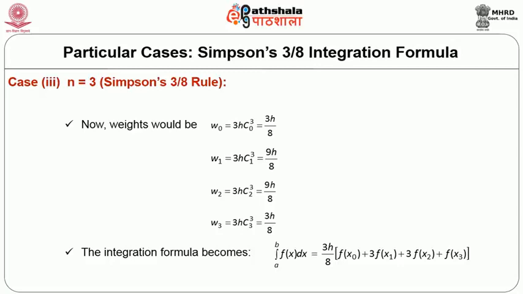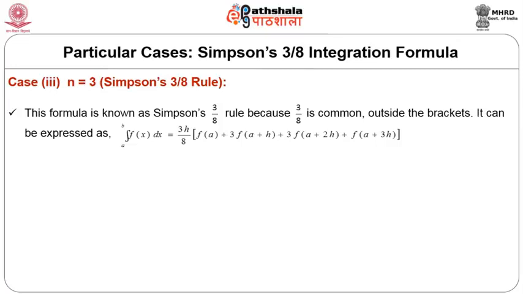And so the integration formula obtained by fitting a cubic polynomial gives us integral a to b f(x) dx is given by 3h by 8, where h is (b minus a) by 3, times f(x0) plus 3f(x1) plus 3f(x2) plus f(x3). This formula is known as Simpson's 3 by 8th rule.